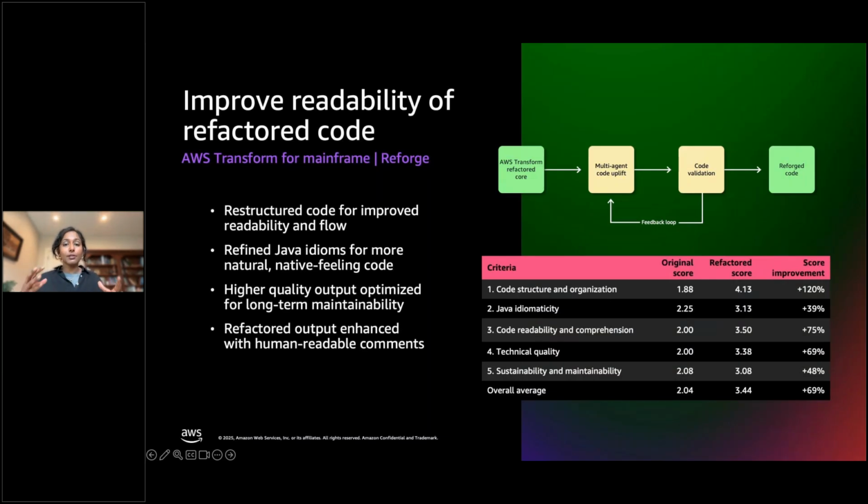This multi-agent process also inserts human-readable comments at a class and method level in order to ensure that this code has longevity moving forward and no longer carries forward the same structural and redundancy components that tend to show up when you go from COBOL to Java in a like-for-like manner.